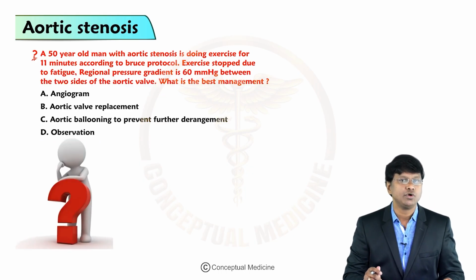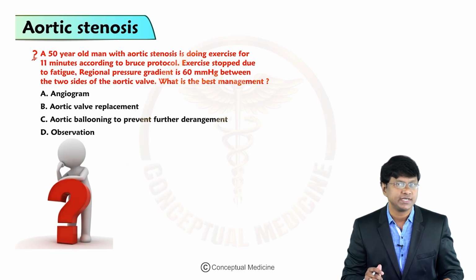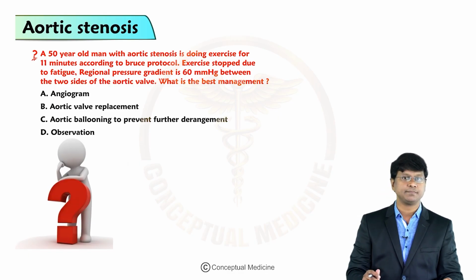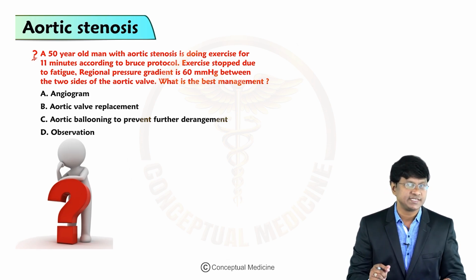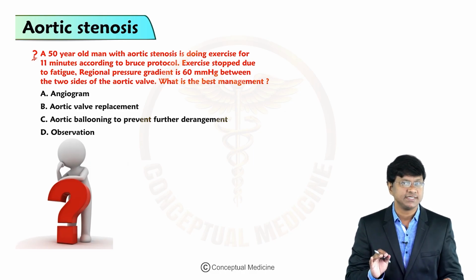A 50-year-old man with aortic stenosis is doing exercise for 11 minutes according to the Bruce protocol. Exercise stopped due to fatigue. Pressure gradient is 60 millimeters of mercury across the aortic valve. What is the best management? Angiogram, aortic valve replacement, aortic balloon to prevent further deterioration, observation.